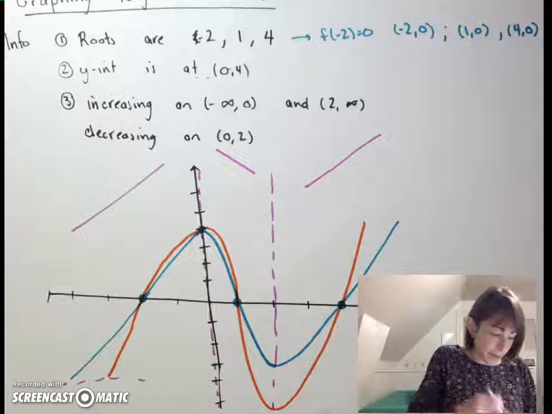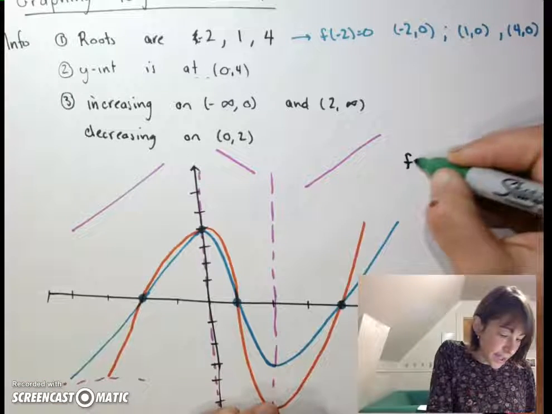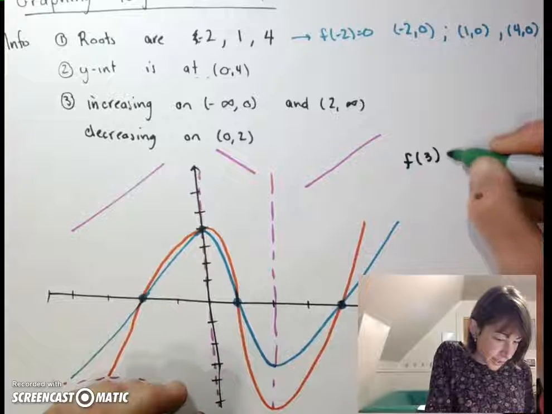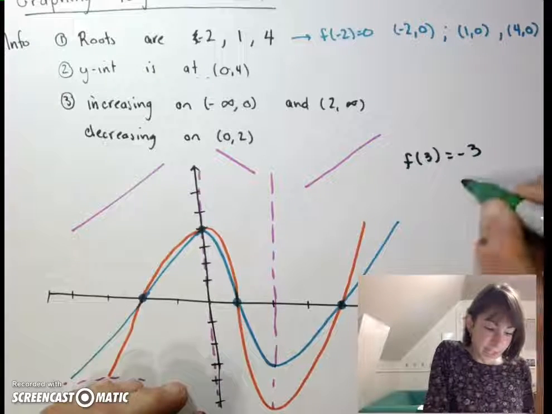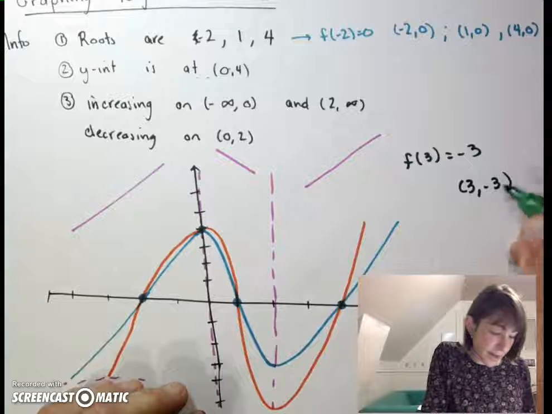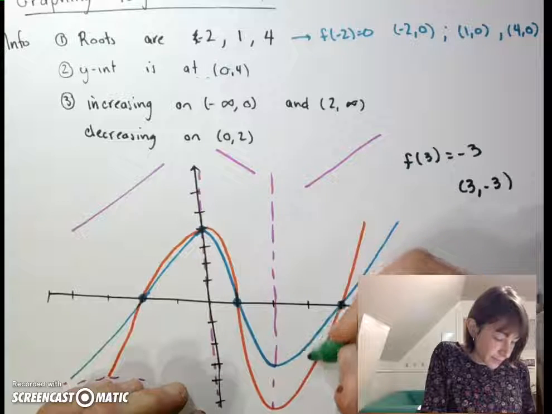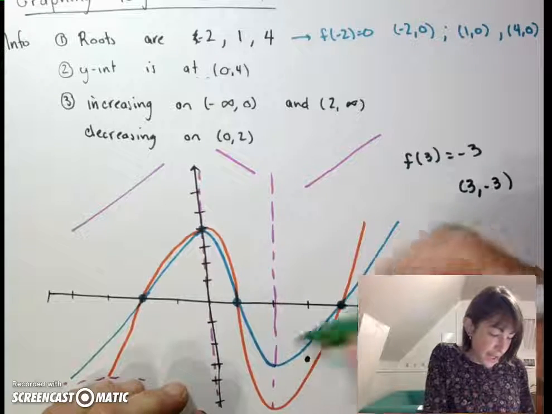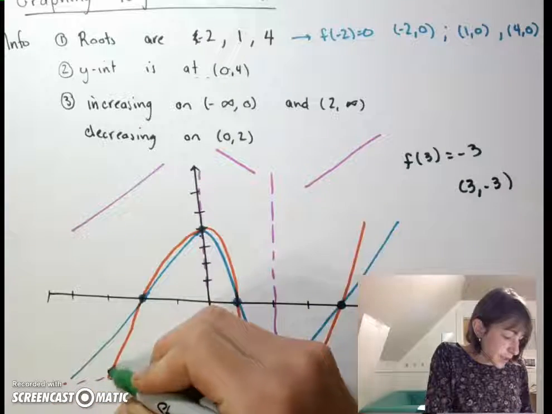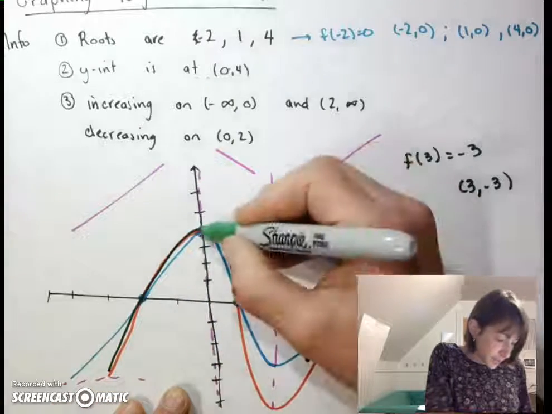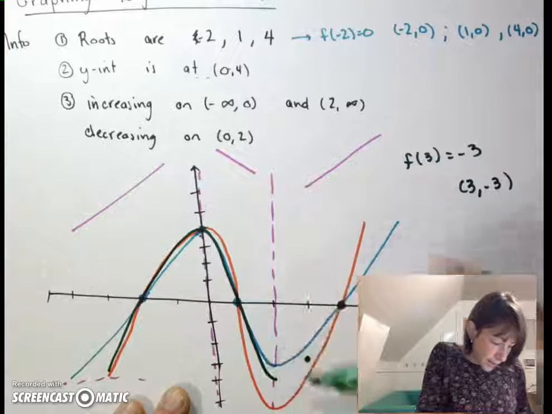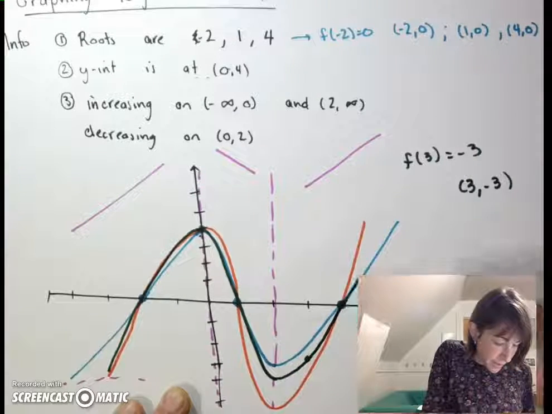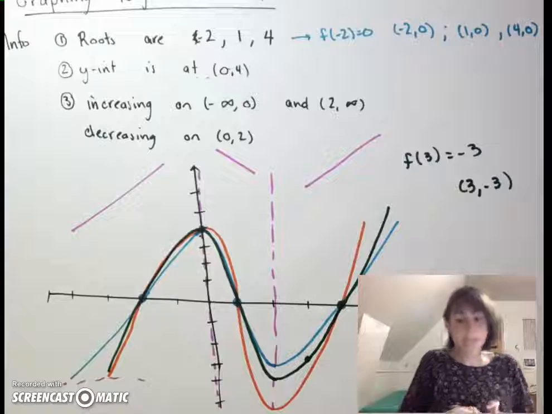So say we were given that f of 3 equals -3. Then I know that (3, -3) is on my graph. So I go to (3, -3). Now I have an extra point to connect up. So I know that around here, my graph should go through that point, look more like the green line.